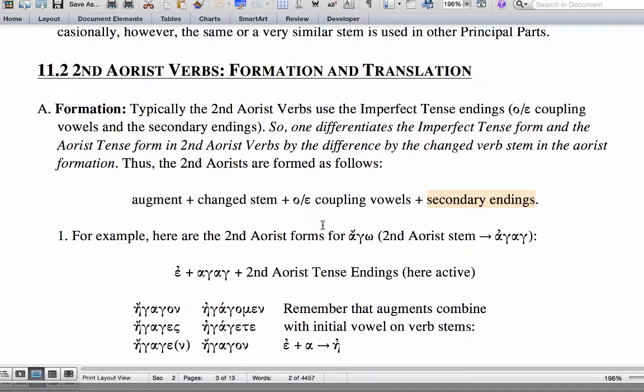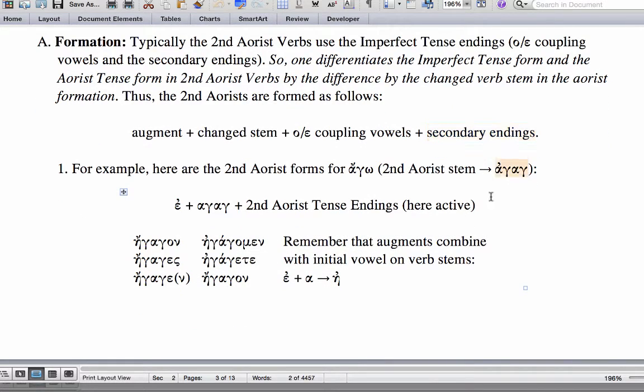For ago, it has a second aorist stem of ag. And so you have augment, the changed stem, and then the second aorist endings. Here, the active: egagon, egages, egagen, egagomen, egagete, egagon. This is the second aorist formation. You would parse these as second aorists.